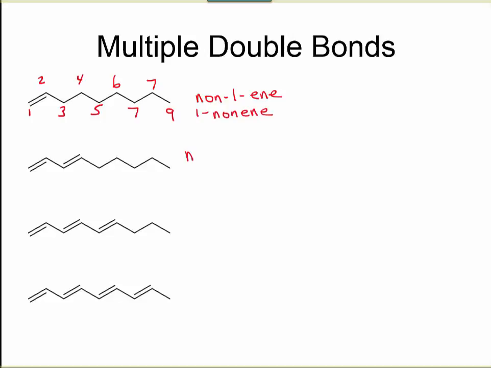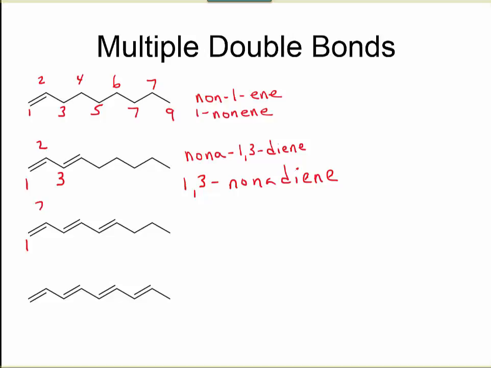So I'm going to have nona, then a hyphen, 1,3-diene. And hopefully you can see the numbers represent the fact that the alkenes start at carbon 1 and carbon 3. The old nomenclature would have been 1,3-nonadiene. There are no spaces in any of these names, commas and hyphens only.